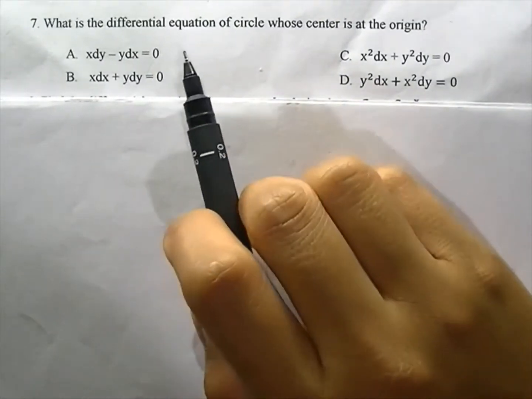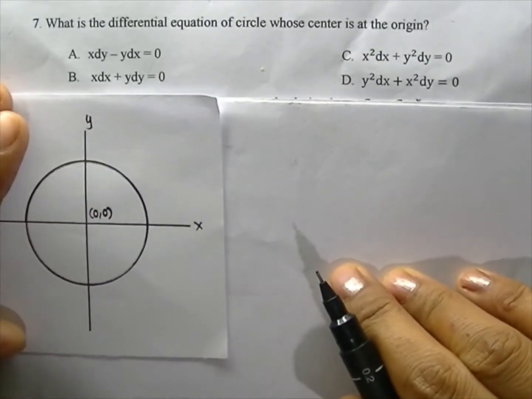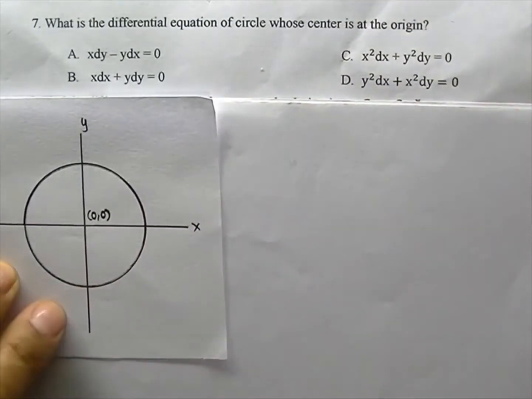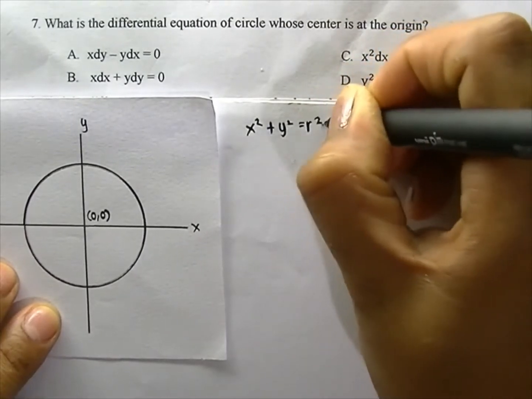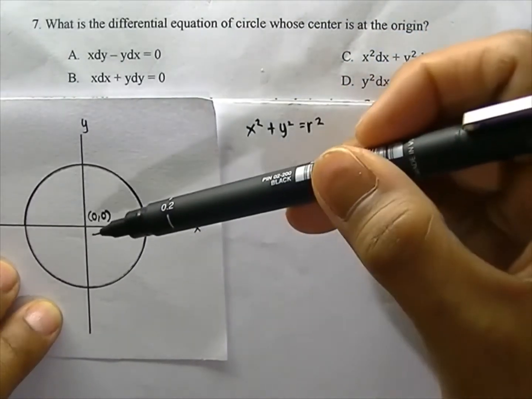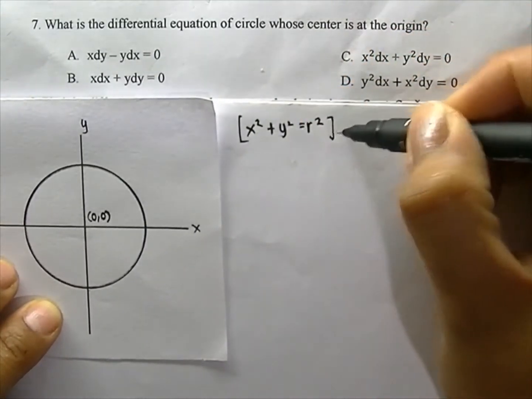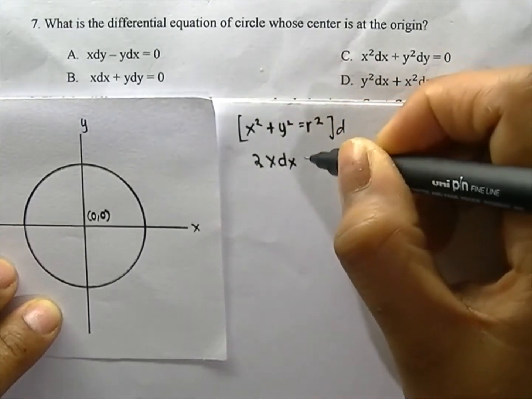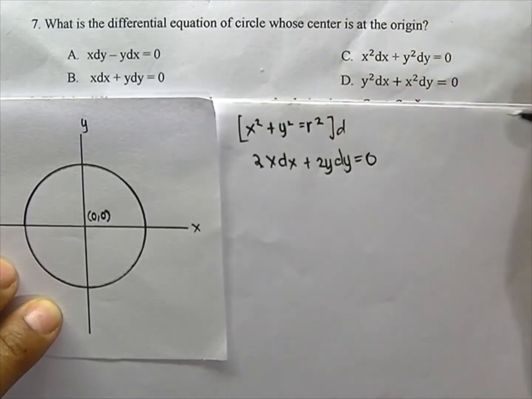Number 7. What is the differential equation of a circle whose center is at the origin? So we have a circle whose center is at the origin. So from the equation of a circle, x squared plus y squared equals r squared, when the origin is at the center, by differentiating this, we have 2x dx plus 2y dy equals 0.